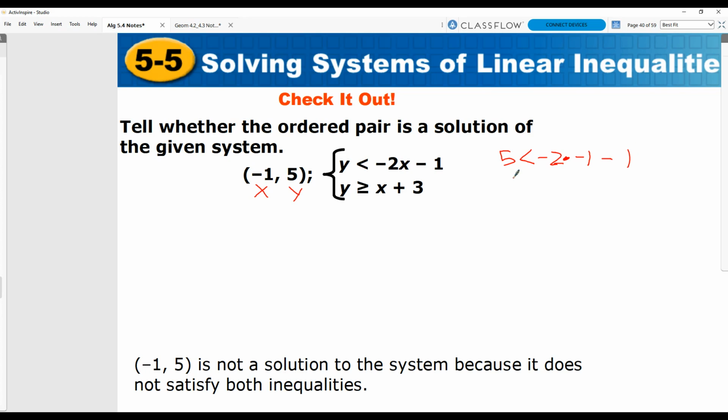If we work that, 5 is less than 2 minus 1, and 5 is not less than 1. So our first one doesn't check out at all, so we can automatically say no because they both have to work, and our first one didn't, so that's why it doesn't come out to be a solution.